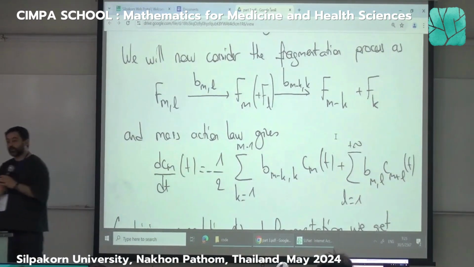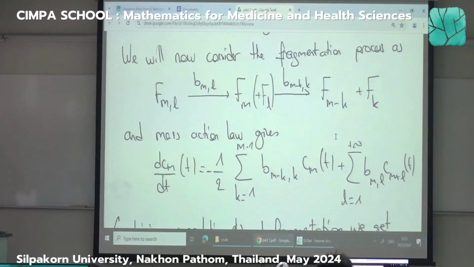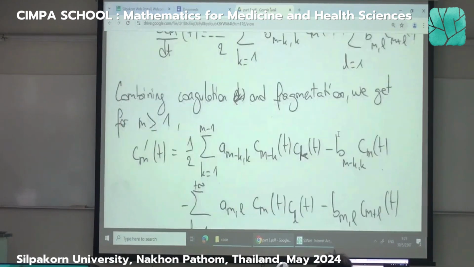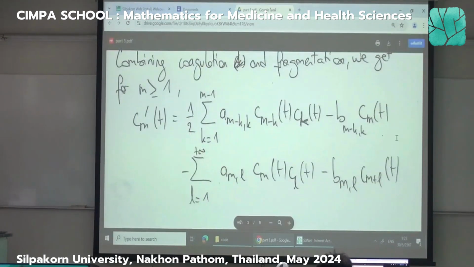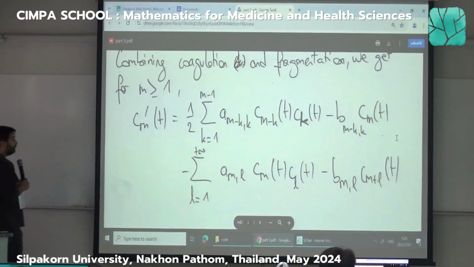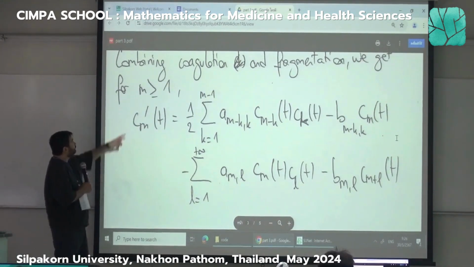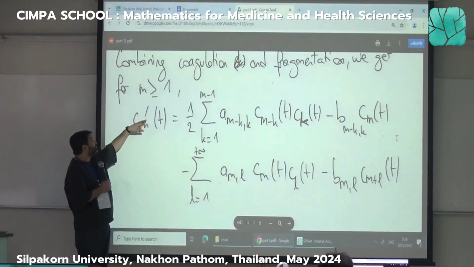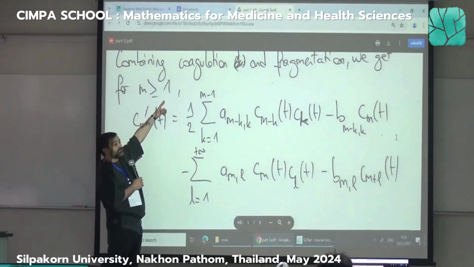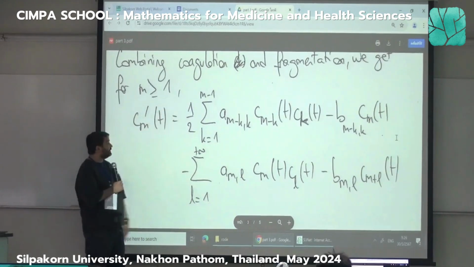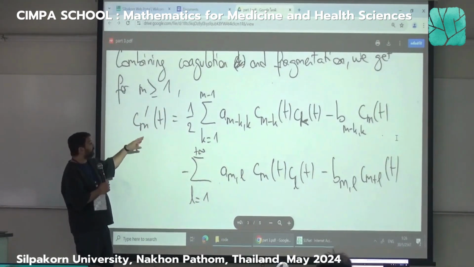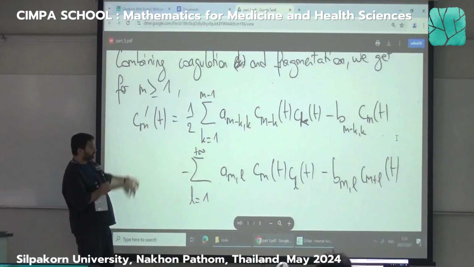So if I combine everything, the coagulation and the fragmentation, we get this system of ordinary differential equations. So an infinite system of differential equations. M starts from 1 to plus infinity, and for each M you have to solve the differential equation.